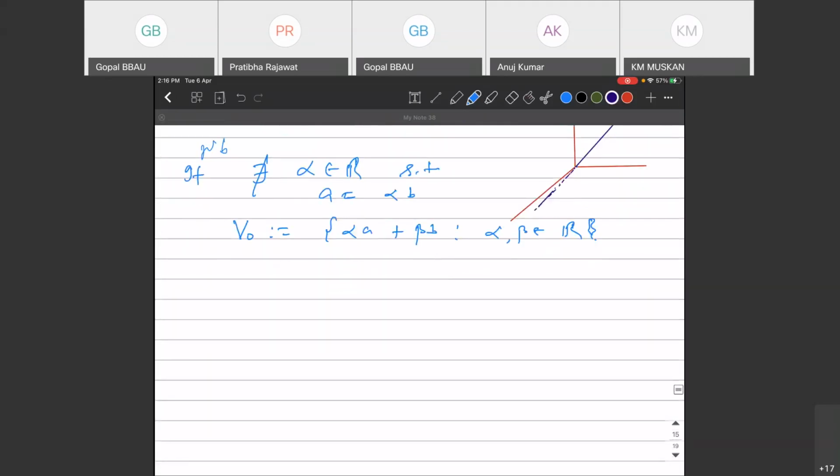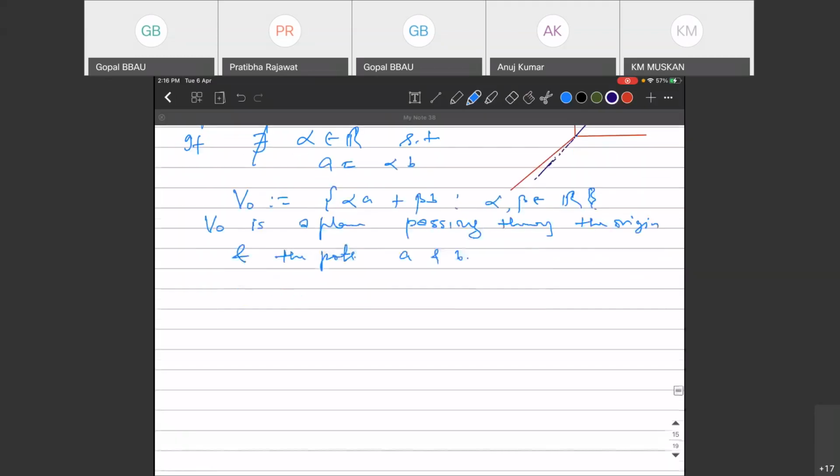So it will represent a plane. It's a plane passing through the origin and the points A and B. Okay, so this is an exercise for you. Think about it.